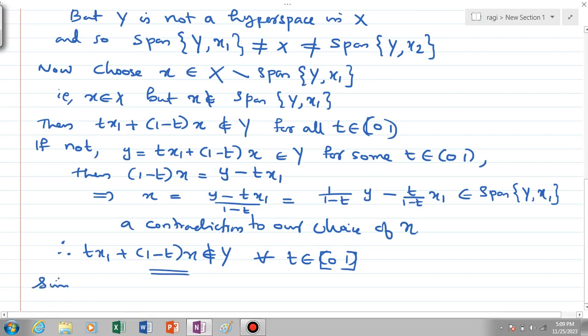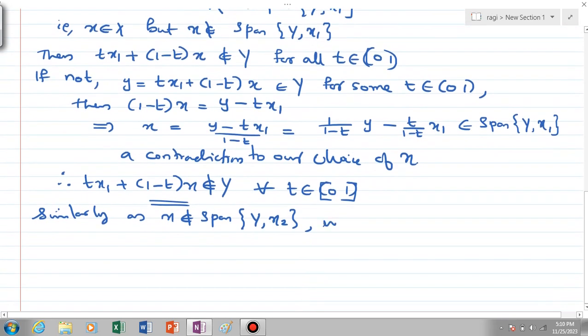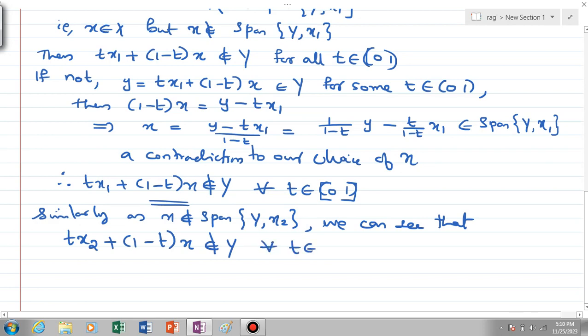Similarly, as x is not an element of span of {Y, x2}, we can see that the line segment joining x2 and this point x is not an element of Y for all t element of the closed interval [0, 1] as before.